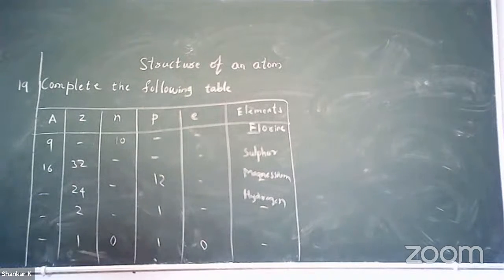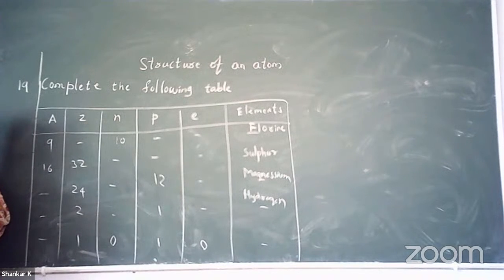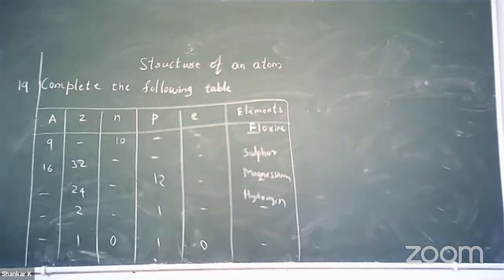How much is the atomic mass of helium, students? 2 or 4? 4, they have. So which element has atomic mass 2? Find it fast. The helium has atomic mass 2.